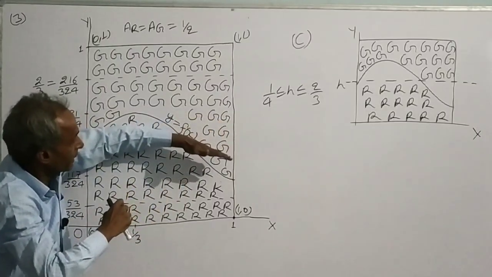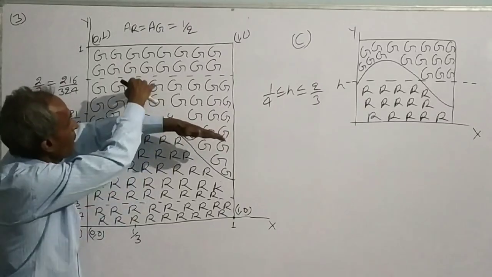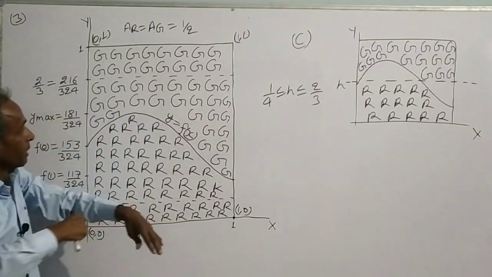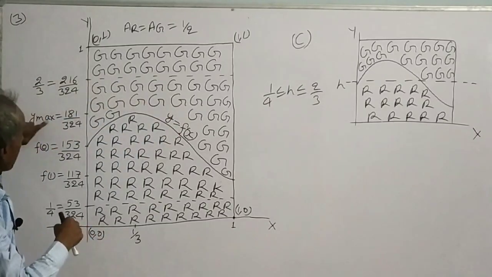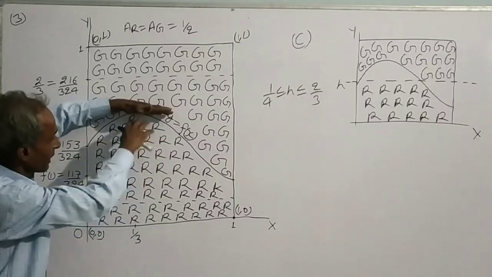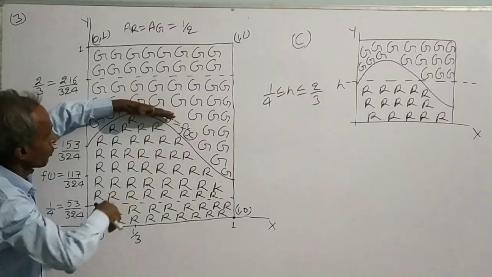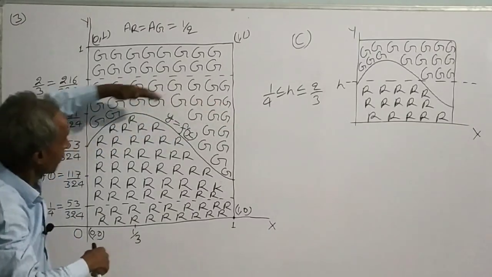As we increase the height, the area of the red region increases while the area of the green region decreases. When we reach this height y maximum, the area of the red region is equal to 1 by 2, while the area of the green region is less than 1 by 2.